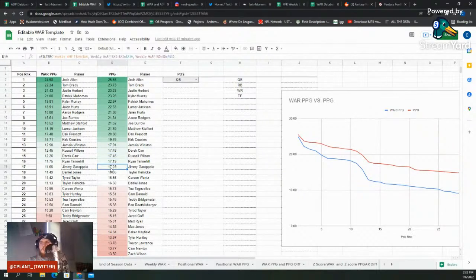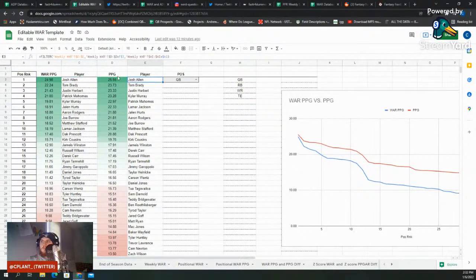So if anybody tells you quarterbacks are deep, they're not telling you the truth. They're looking at this, but not this. This matters a lot more than this, because this is actually representative of how much quarterbacks actually help you win the season.